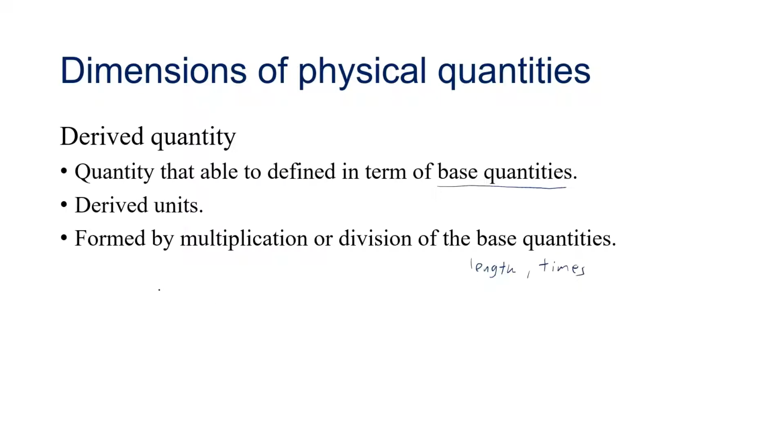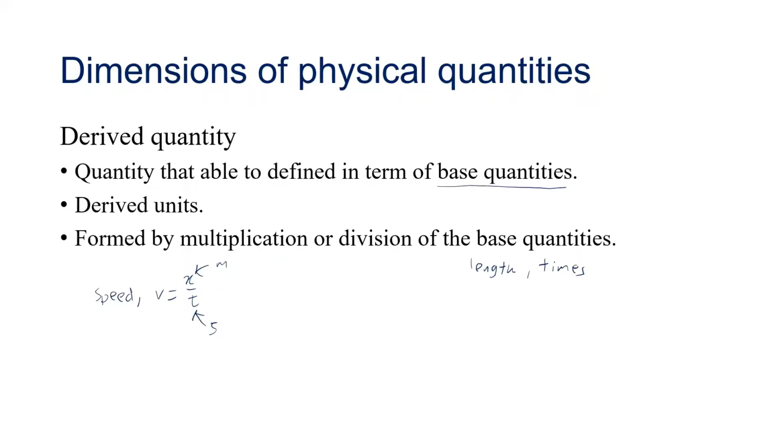So again, I will use the example, the speed is equal to x over t. In this case, we know this x is a distance which has a unit of meter, and this t, let's say, is a time, and it has a unit of second, right?